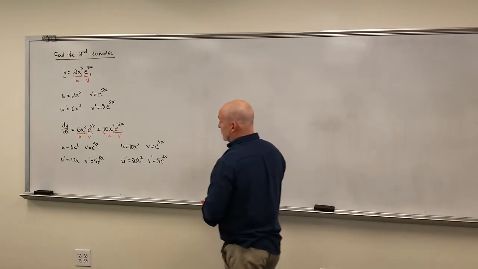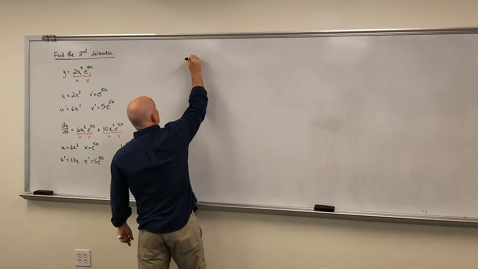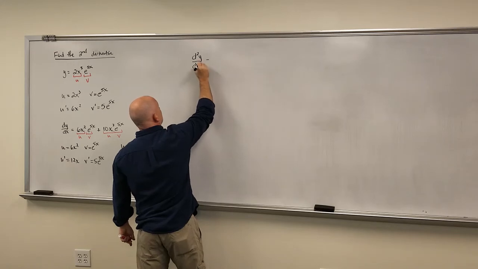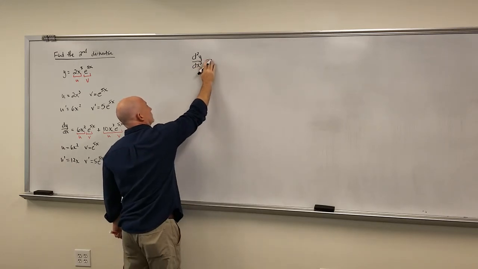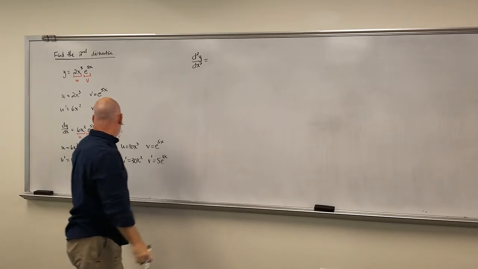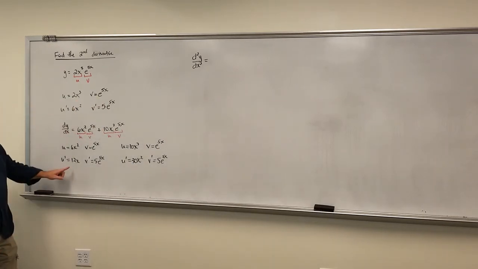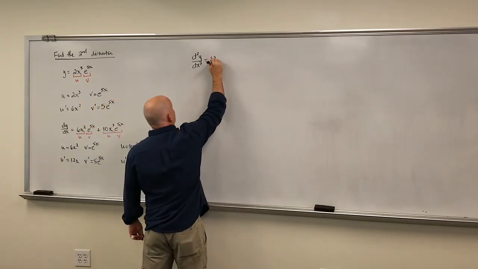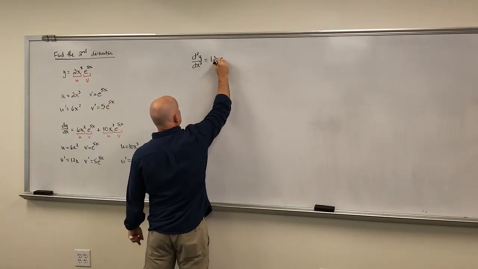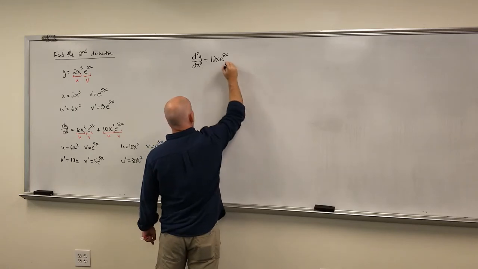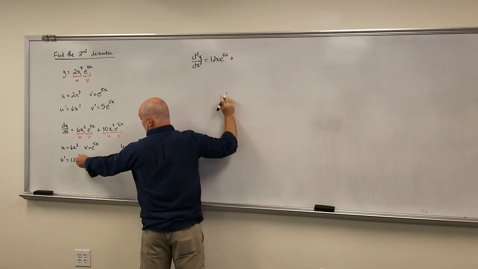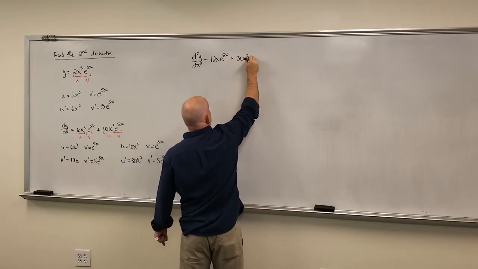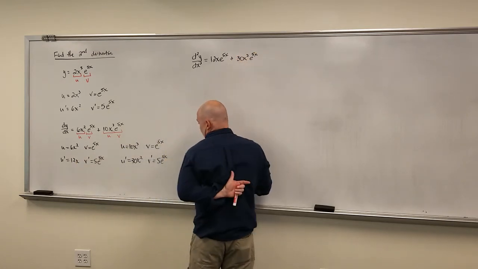So my second derivative, using the same notation, d squared y dx squared, equals. For the first term, it's going to be u prime times v, so 12x e to the 5x, plus v prime times u, so 5 times 6 is 30x squared e to the 5x.